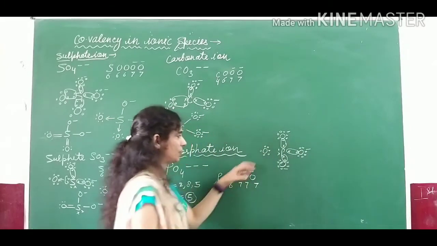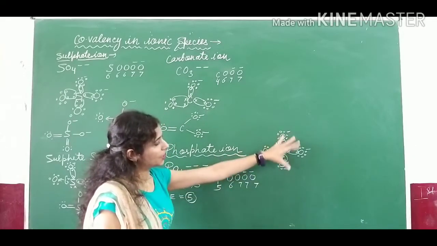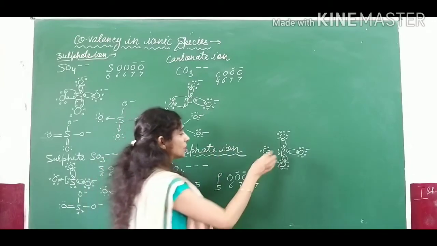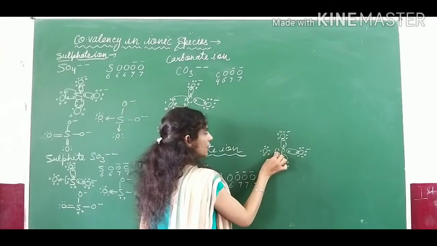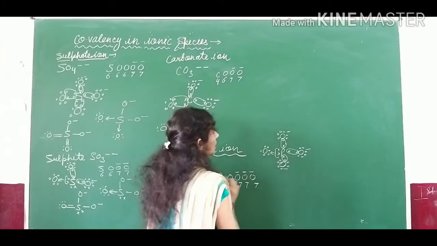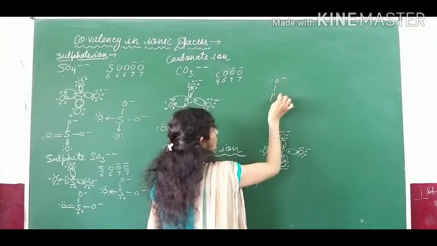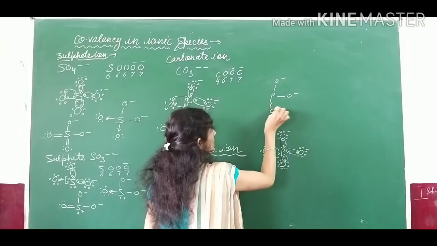But what will happen? Now the octet of phosphorus is completed, and of these 3 oxygens also. So what will happen with this oxygen? Either the expanded octet or the dative bond will form there. So that structure is to be made in this way. Phosphorus, single bond, single bond, single bond.